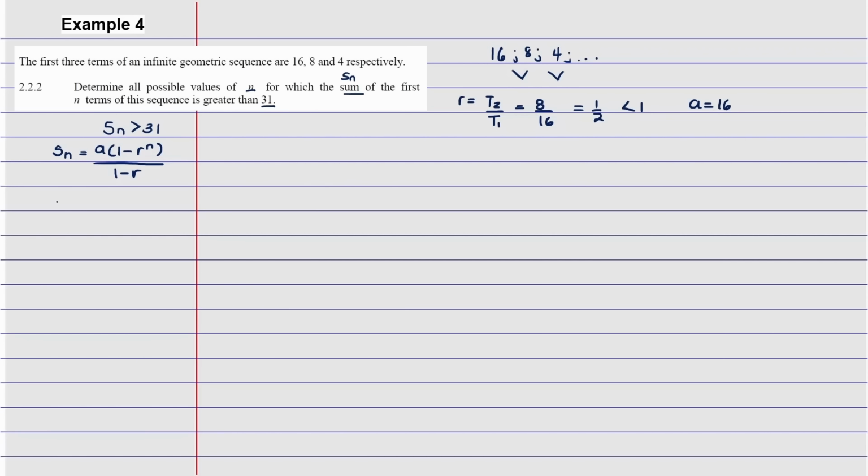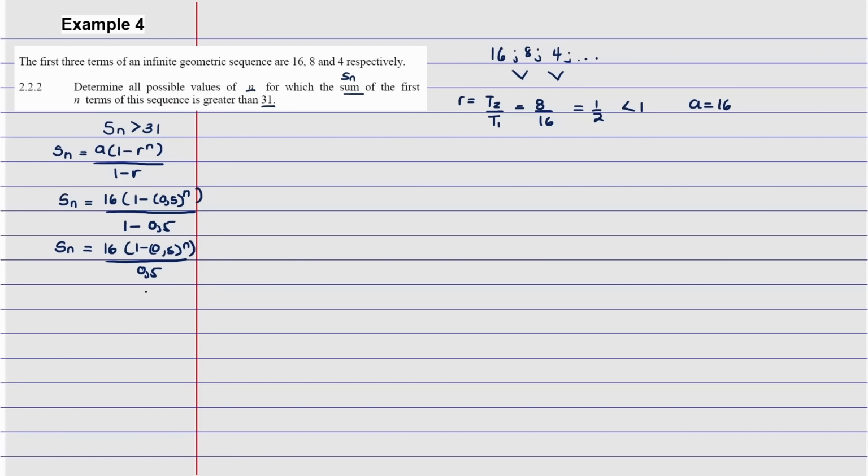Substituting a and r, Sn is 16 times (1 minus 0.5 to the power n), divided by 1 minus 0.5.